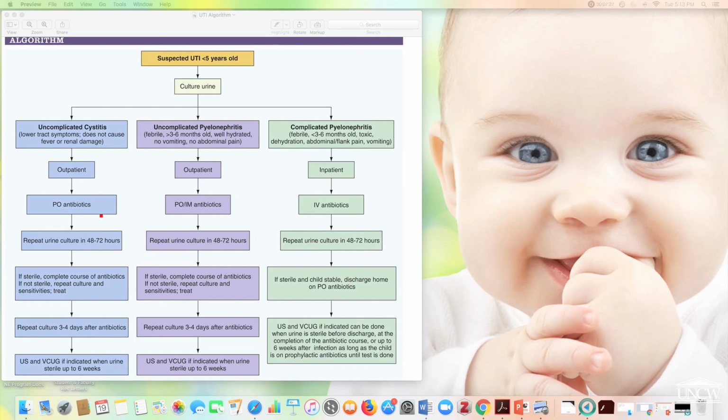First line antibiotics for urinary tract infections really do depend on the child, for sure. But first line is going to be Bactrim, and then also your cephalosporins. For uncomplicated cystitis, you can actually also give amoxicillin or amoxicillin clavulanate.